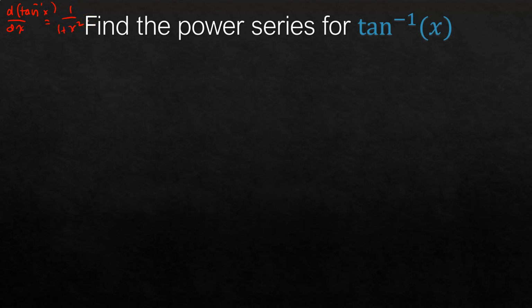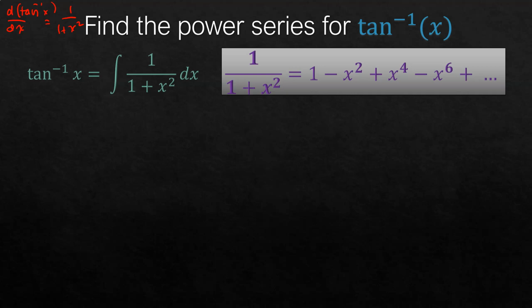So what that means is inverse tangent is the integral of 1 over 1 plus x squared. And you have seen in the previous lesson that the function 1 over 1 plus x squared is the alternating even powers.